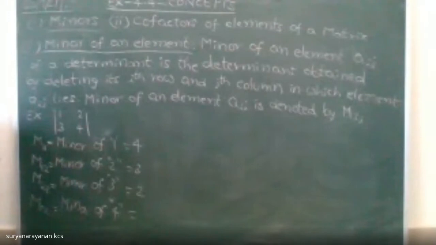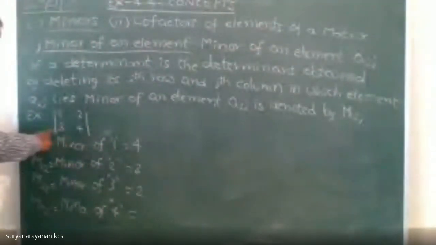Second row, second column. Can you identify what is the second row? 1, sir. Yes, 1. Very good. So these are the minors of these 4 elements.